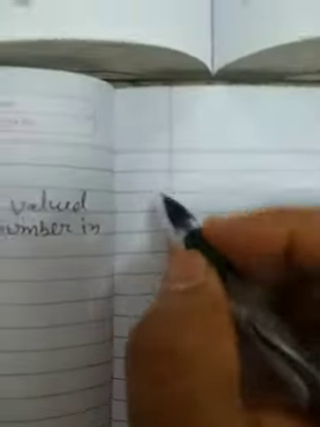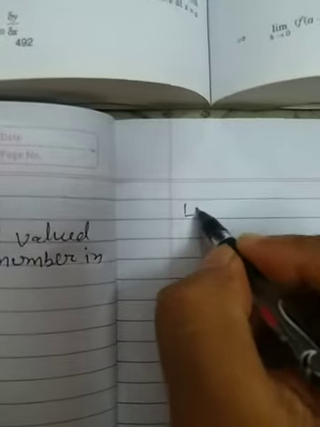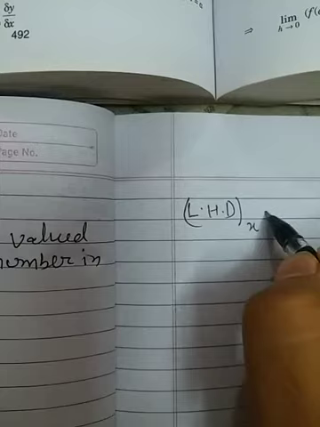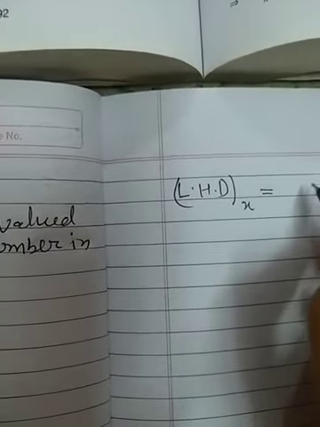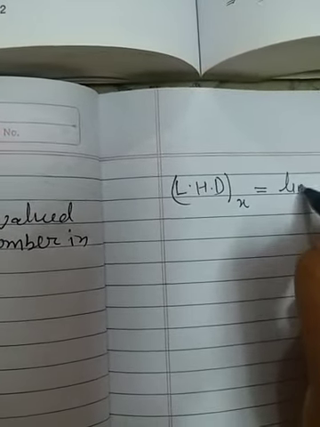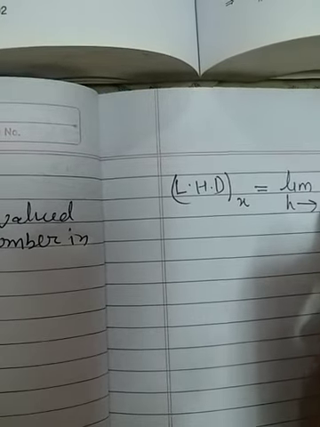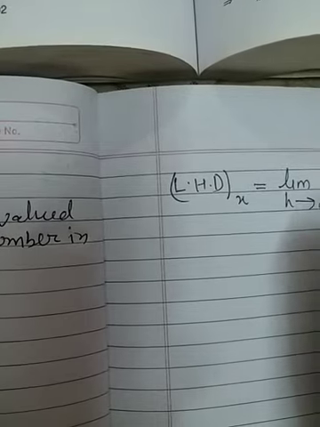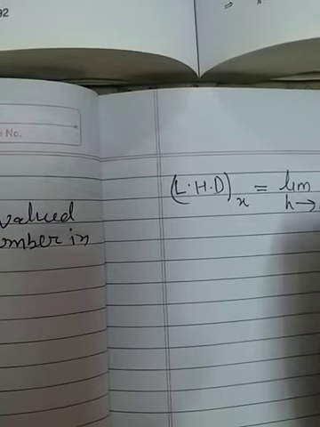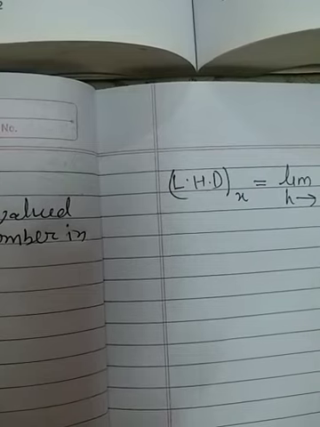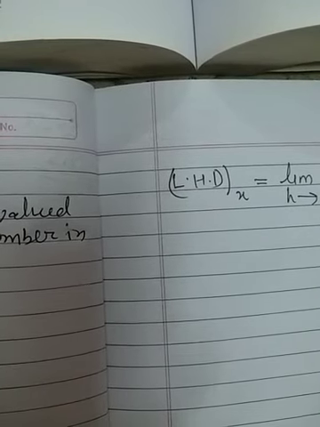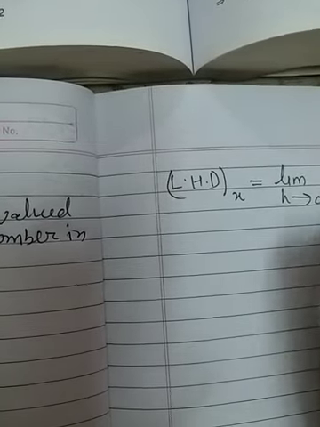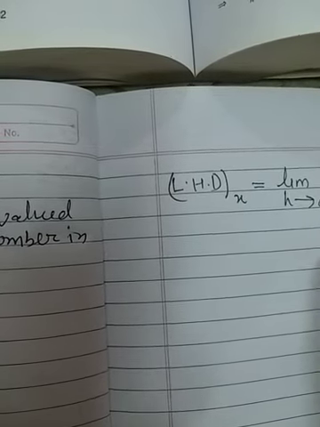Now let us recall what is left hand derivative. Left hand derivative at any point x was defined as limit h tends to 0 of f of x minus h minus f of x upon h.